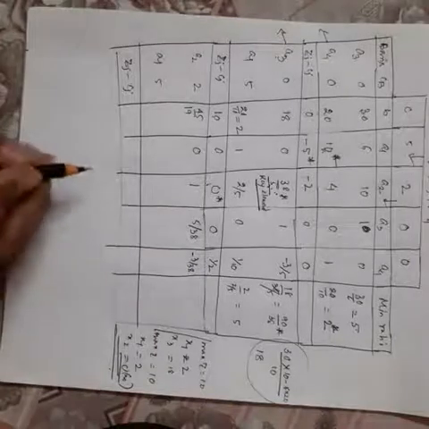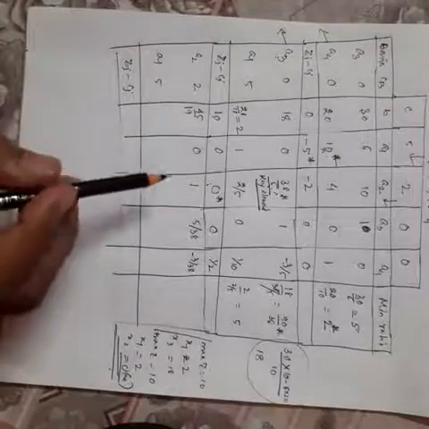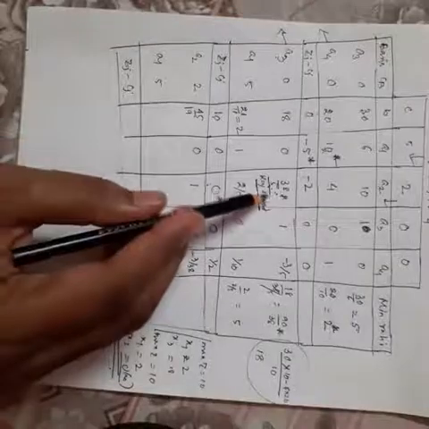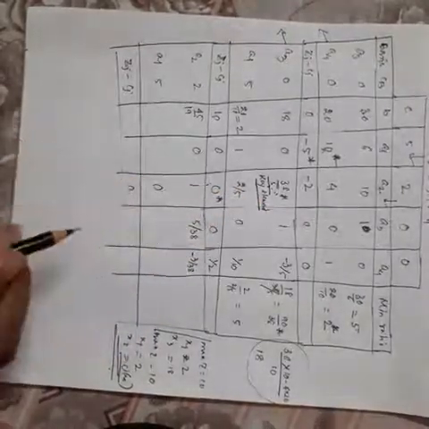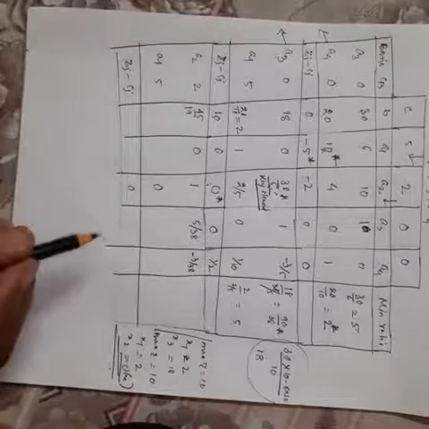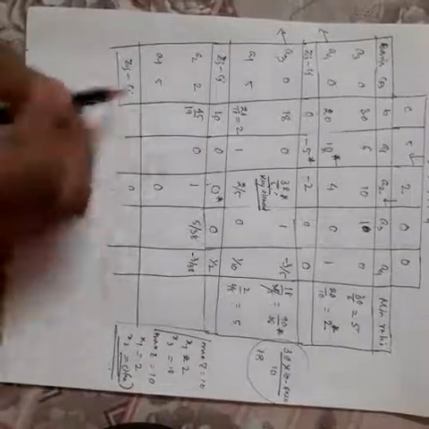Now we write down the element below the key element, which becomes 0. This is the method.